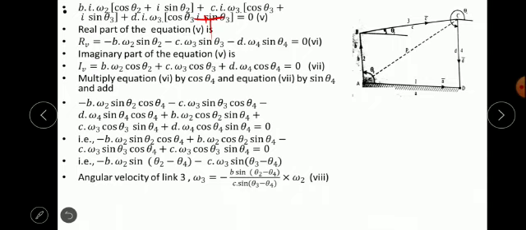Once again, multiply equation 6 by cos theta 4 and equation 7 by sin theta 4 and add it. Now let us see: minus b omega 2 sin theta 2 cos theta 4 minus c omega 3 sin theta 3 cos theta 4 minus d omega 4 sin theta 4 cos theta 4 plus b omega 2 cos theta 2.